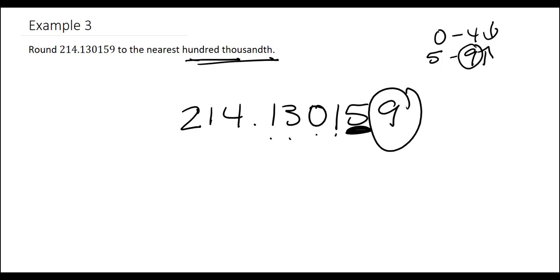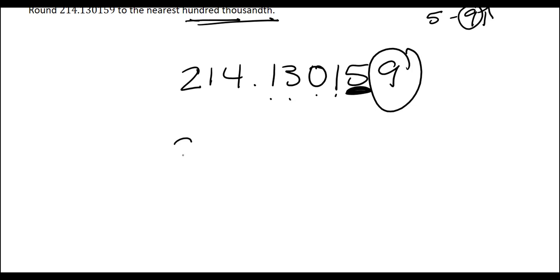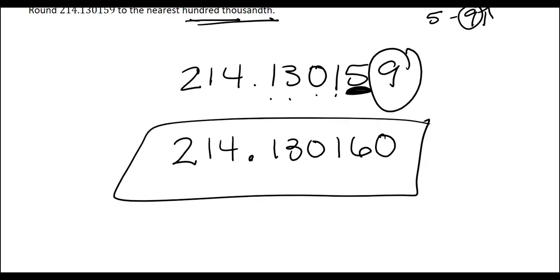We see it's a 9, so we round up, and that 5 becomes a 6. So it would be 214.13016, and then the rest would be changed to a 0. And that would be our solution.